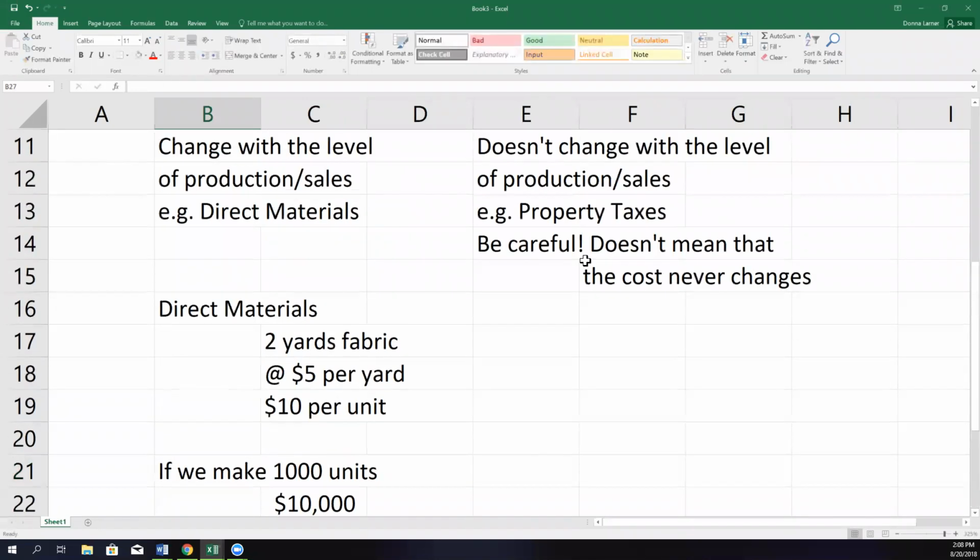Now let's look at a fixed cost. Let's go with the example of the property taxes. And we're going to say they're $5,000 per year.